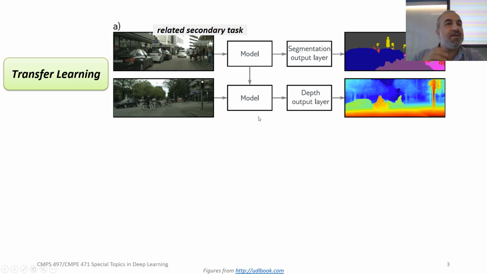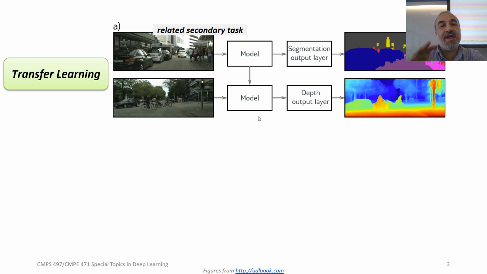Okay. What's the benefit that we get? Why don't we just train a model from scratch? Why do we need to train a model for a secondary task and then continue training for a primary task? Why don't we do it from scratch, from the beginning? We don't have labeled data for the depth for the first model.